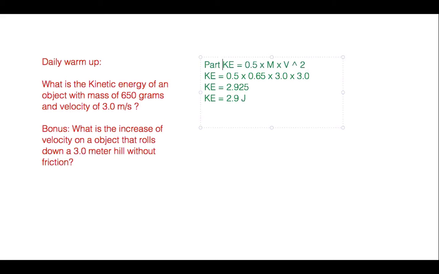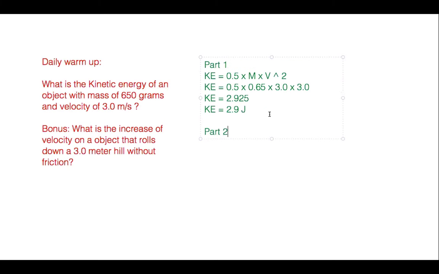Seems like everyone understood that. The one thing to note is make sure you're very careful with the units. Some of us are still not being so careful with the units.